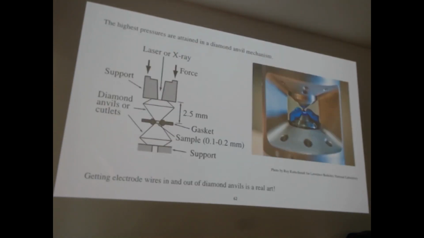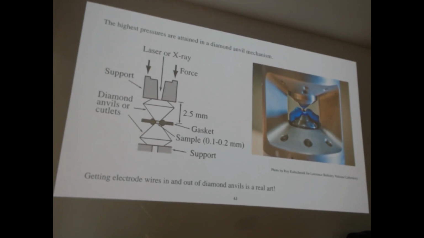If you want to go really deep in the earth, you use a diamond anvil cell, which is just pure magic as far as I'm concerned, because you take the tip of a gem quality diamond and flatten it, and you put your sample in some sort of deforming gasket, and you press two diamonds together in this press.